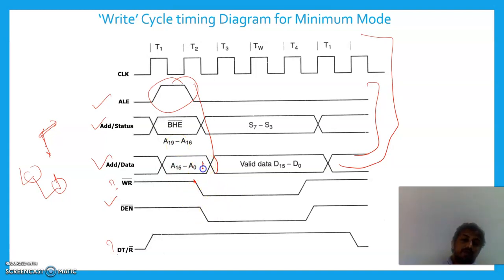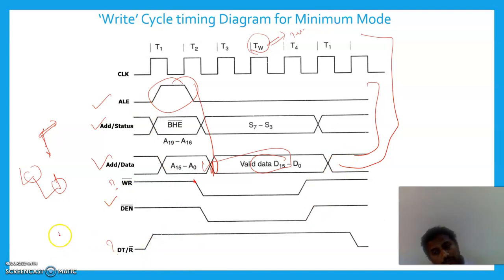The data will be available only by the fourth clock here. So the wait cycles may be increased. A TW wait state may increase only when the data is not ready.